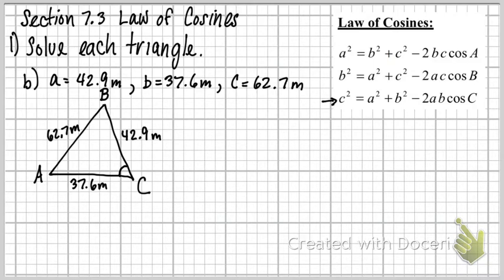So c squared is going to be 62.7 meters. Well, take the meters away. Let's just deal with the numbers themselves.